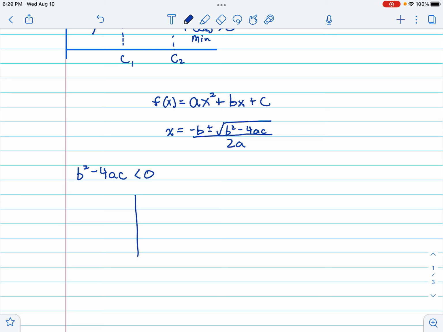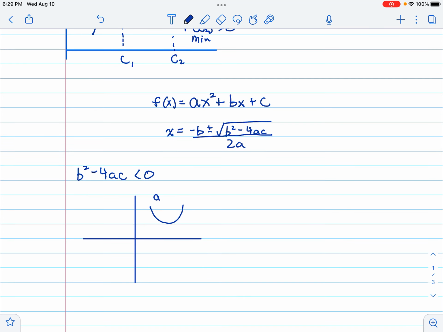So what you're going to have is a couple of possibilities. Okay, so maybe you'll have something that looks like this. Now, this means that the a part is greater than 0. In other words, this parabola is opening up, and it's not crossing the axis. Now, you could have something like this if a is less than 0. In other words, if you had like negative x squared, it would be upside down.